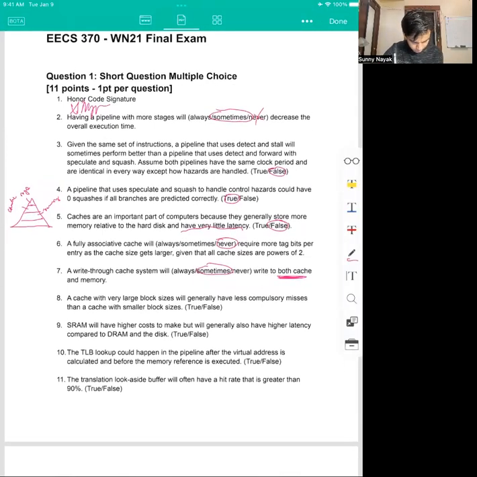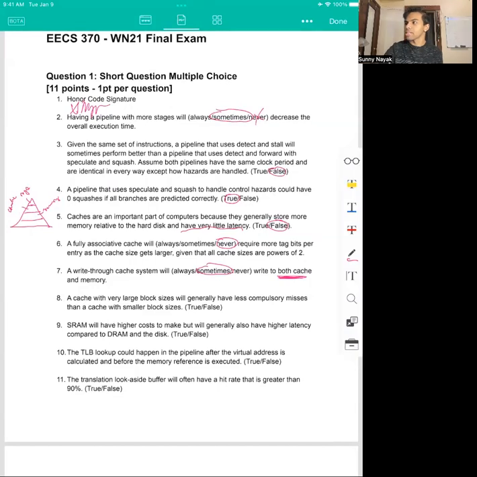So then it says a cache with very large block sizes will generally have less compulsory misses than a cache with smaller block sizes. So what are compulsory misses?